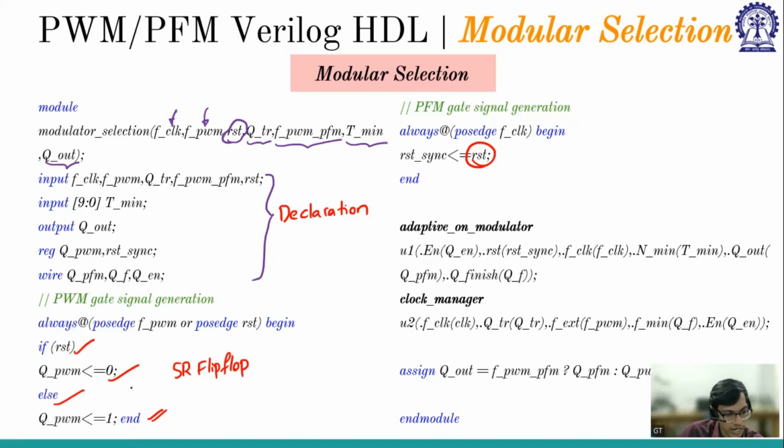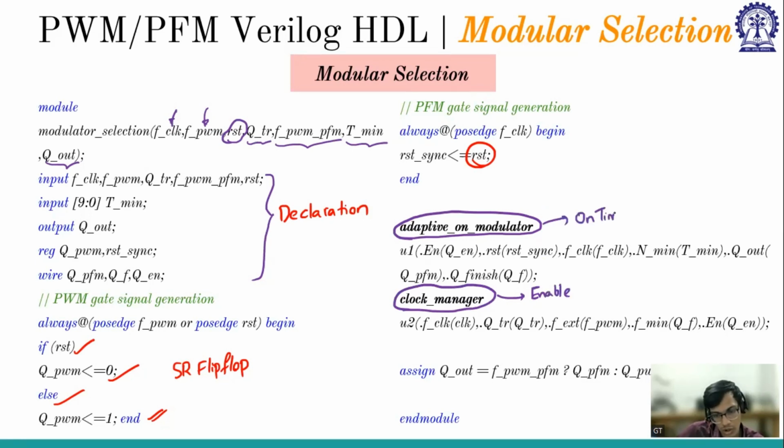In week 10, we have seen there is something called the adaptive on-time modulator as well as the clock manager. The clock manager is to generate that enable signal, if you remember. And this is to generate not the constant on-time but the adaptive on-time followed by the off-time. So this is the adaptive on modulator, and this is the module to generate the enable.